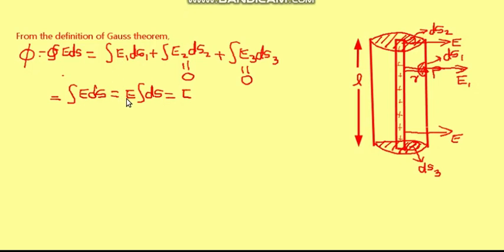So that is E into integral dS. And what is integral dS? It is the surface area of the curved path, which is 2 pi RL. So it is E into 2 pi RL. But from the definition of electric flux, we have phi is equal to q by epsilon 0.